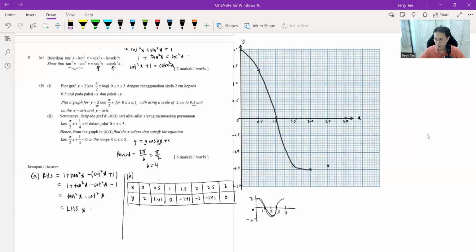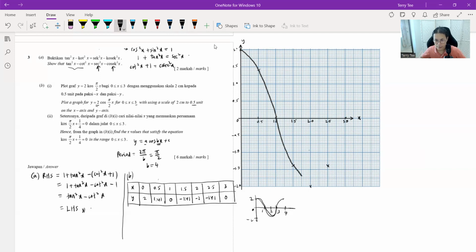Negative 1.1, 1.4. Oh, sorry, I plotted my 2 wrongly. My 2 is below here. Sorry, yeah, I plotted my 2 wrongly. Okay, my 2 is supposed to be underneath here. All right, so let me just go all the way down.